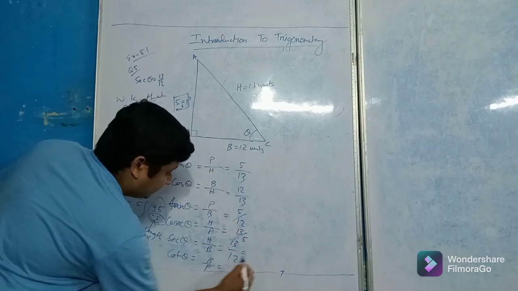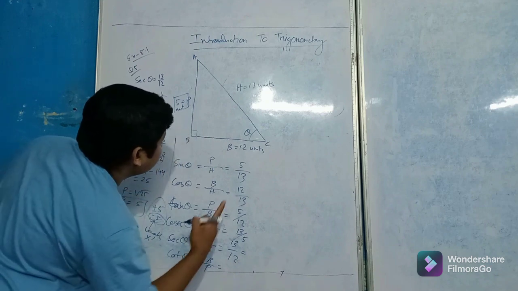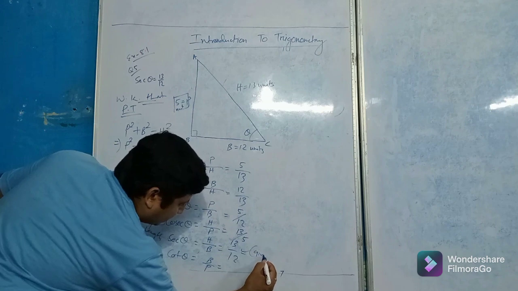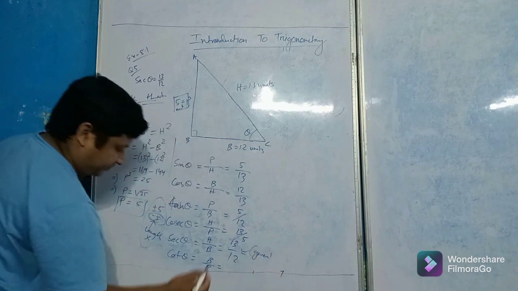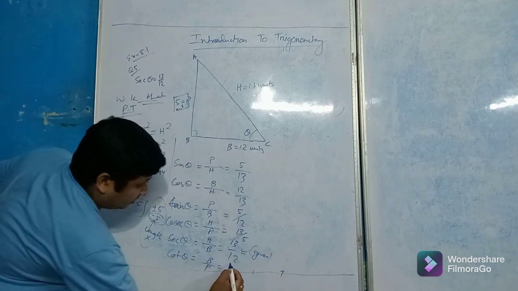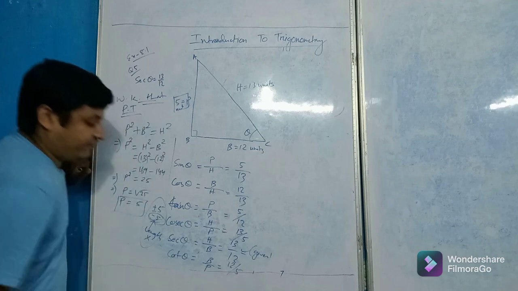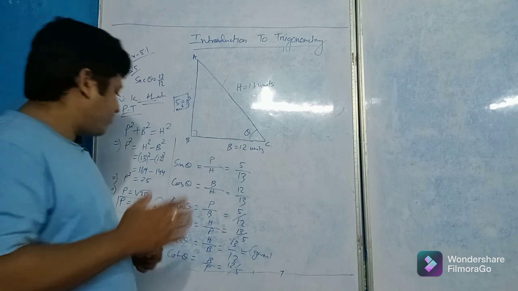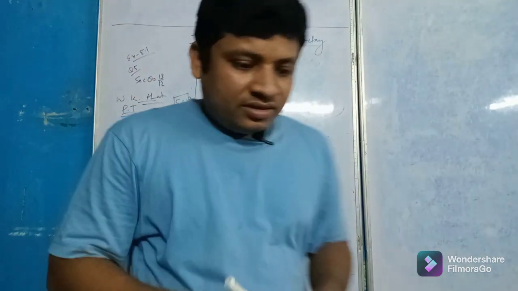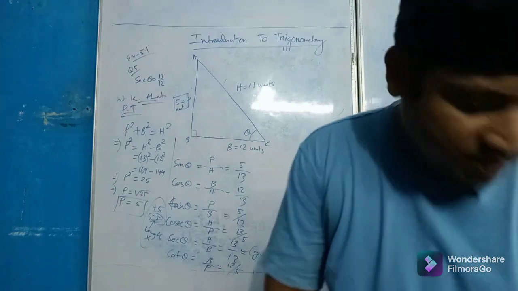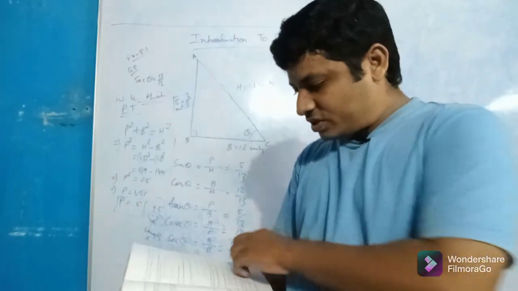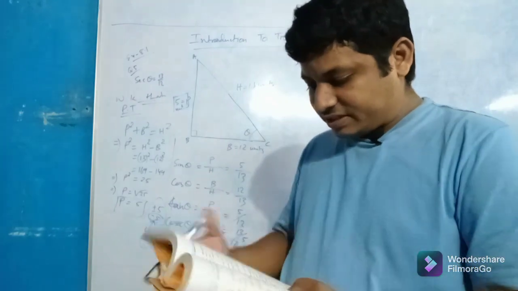Next H by B. It is already given in the question. No need to write again. Next cot is 12 by 5. This much is the full answer of question number 5. So you can write this one. In the meanwhile, the book is done.